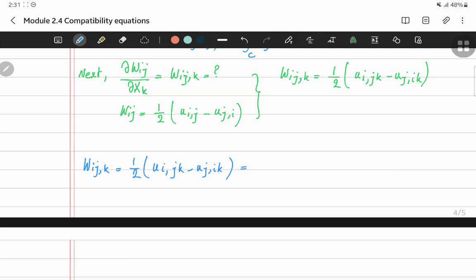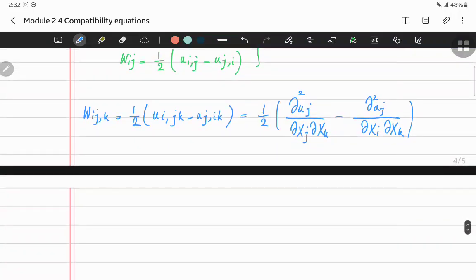So if I write this, it becomes something like this. I'd like to open it. So you have the second derivative of ui with respect to xj, then xk, minus the second partial derivative of uj with respect to xi, and then xk. So I'd like to add and subtract one other term from this.